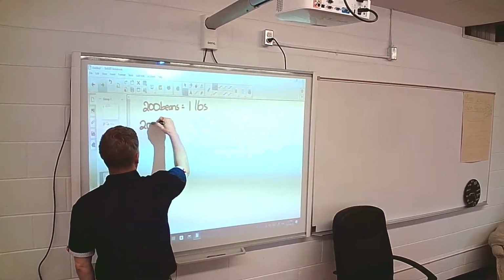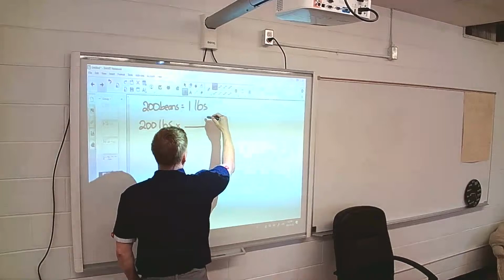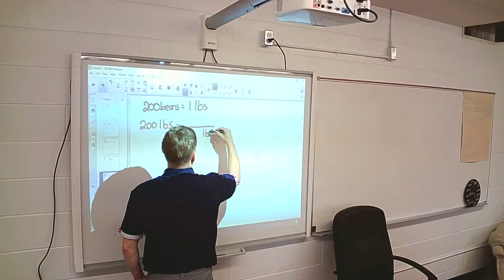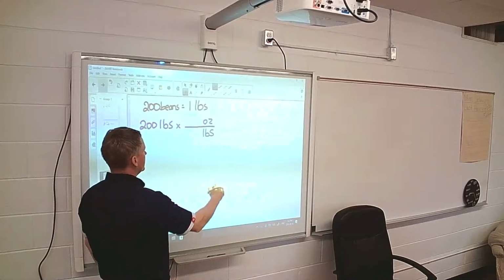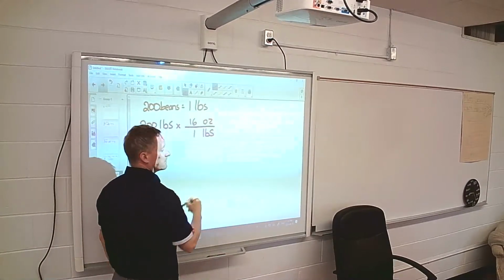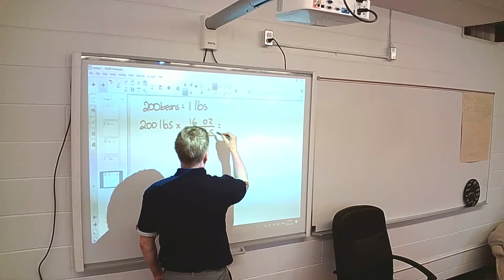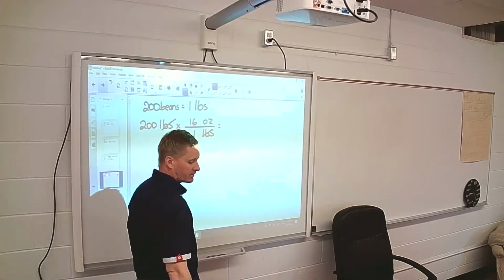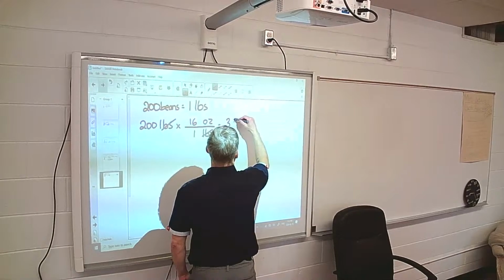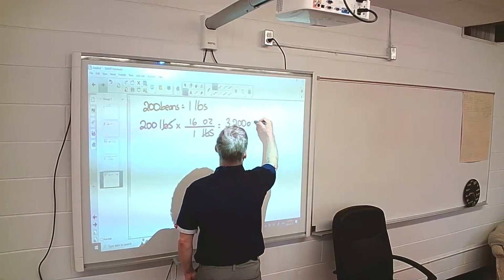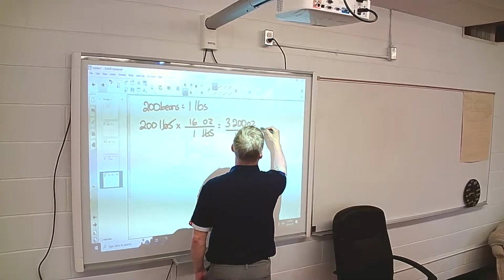So 200 pounds times... is there a conversion between pounds and ounces? 16 ounces in a pound, is that correct? Yeah? Okay, so multiply those two together and that gives me the number of ounces. How many ounces is that? 3,200 ounces. And then I'm going to divide that by 1.5 ounces.